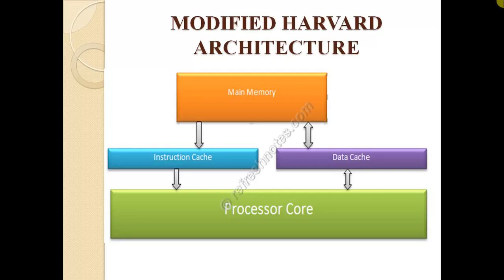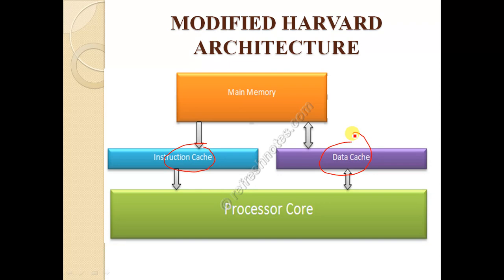The third is modified Harvard architecture. The difference between Harvard architecture and modified Harvard architecture is that modified Harvard architecture consists of cache memory. So in the processor there is a cache memory which is not present in Harvard architecture.